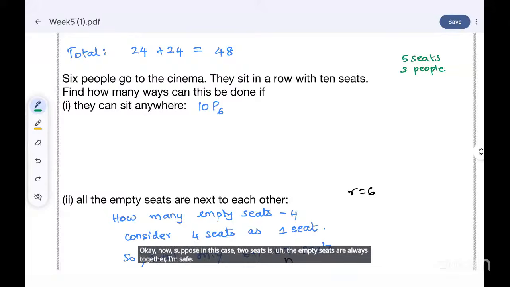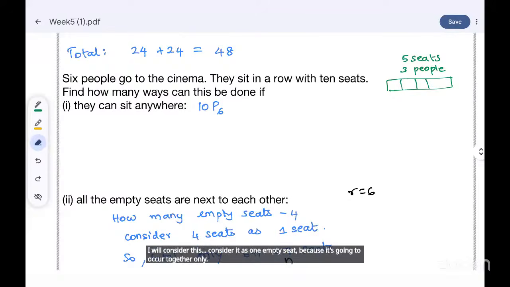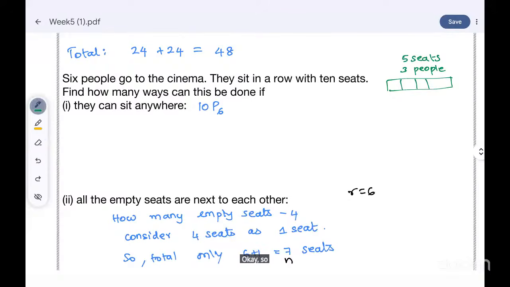In that case, instead of considering them as 2 empty seats, I will consider them as 1 empty seat, because it's going to occur together only, wherever it is. If it occurs here in the front, then also I'm going to consider it together.